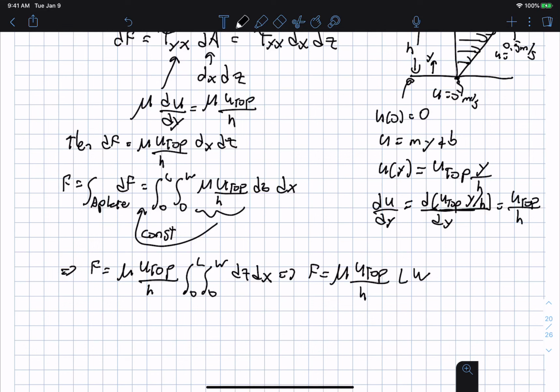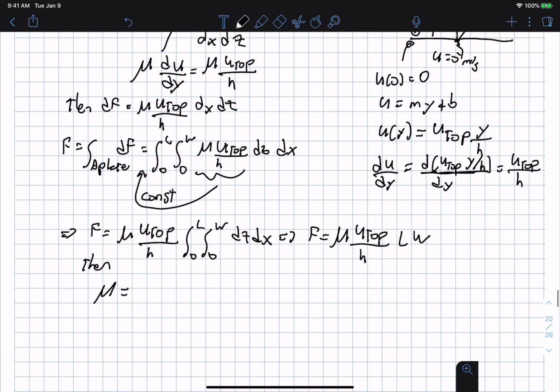Now for the problem statement, we know F, we know u_top, we know h, we know L, we know W, and we want to find mu. So mu is equal to F, the applied force on the top plate, divided by the top plate velocity times h over L W. And so we have our nice little formula.